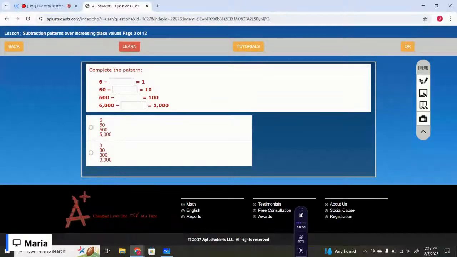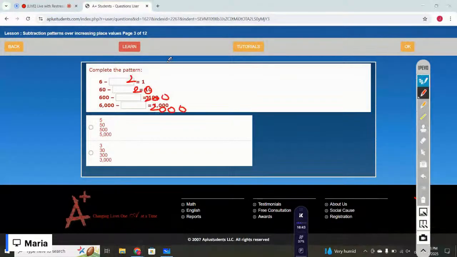Complete the pattern. 6 minus what number is 1? 60 minus what number is 10? So we have 6 minus 5 is 1. 60 minus 50 is 10. 600 minus 500 is 100.